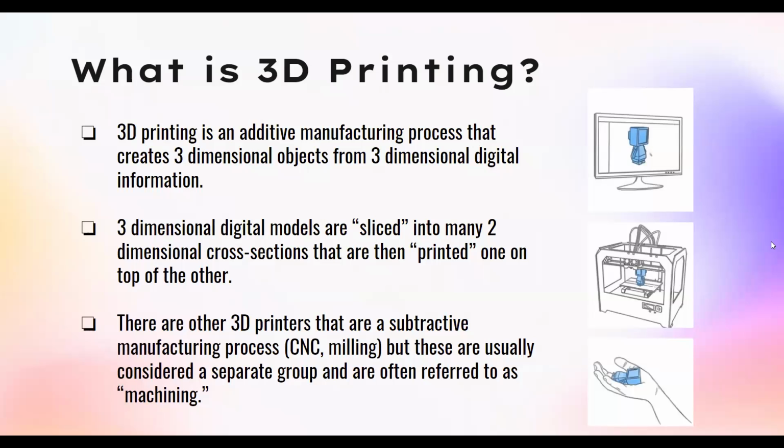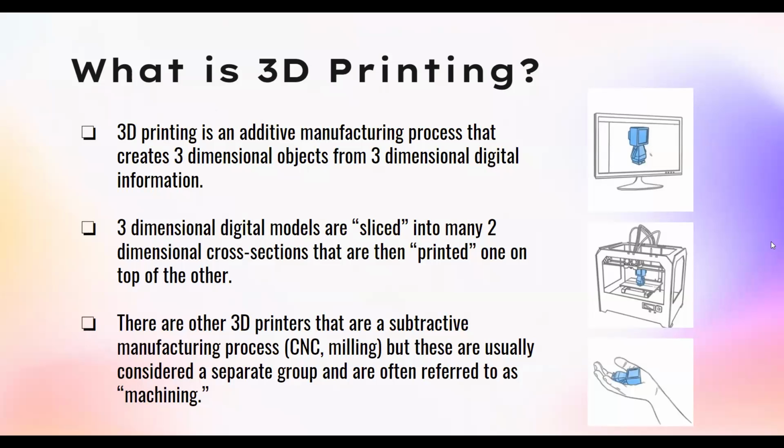3D printing is an additive manufacturing process that creates three-dimensional objects from three-dimensional digital information. The digital models are sliced into many two-dimensional cross sections that are then printed one on top of each other.